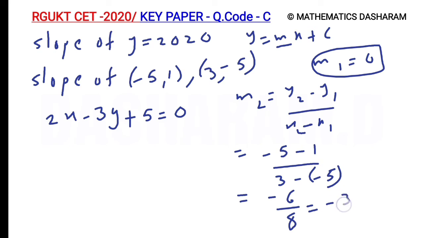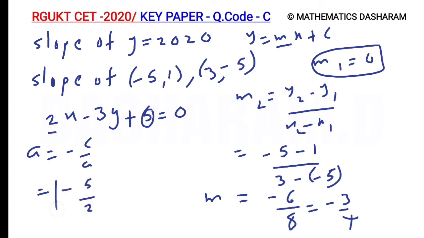So minus 3 by 4 is the m2 value. Next, the x-intercept of this line. The x-intercept formula is minus c by a. So minus c value is 5 divided by a value is 2. So minus 5 by 2.